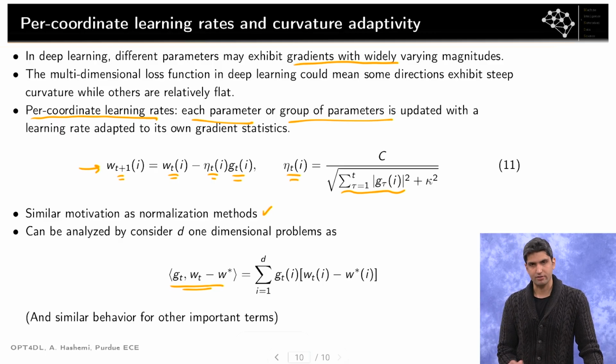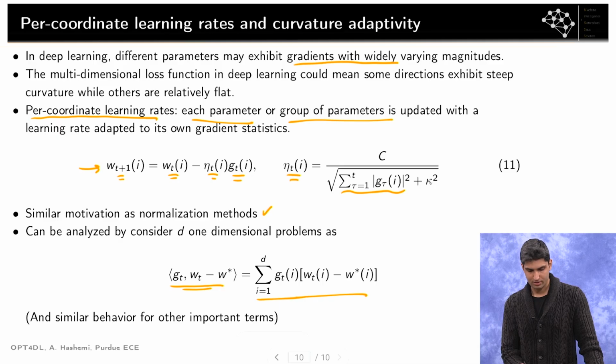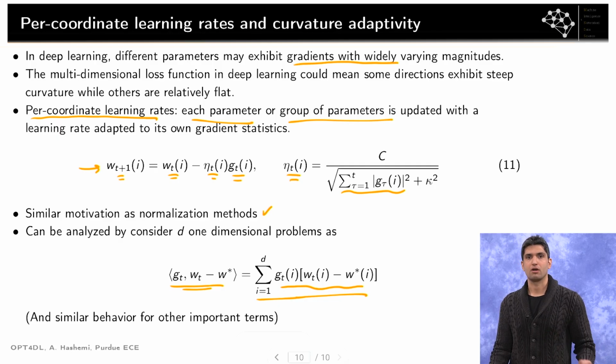We were interested in this inner product. Using the definition of the inner product, this is basically a sum over the dimensions of these smaller products. So using ideas like this, we can analyze one-dimensional problems using our previous analysis, and then sum them up.